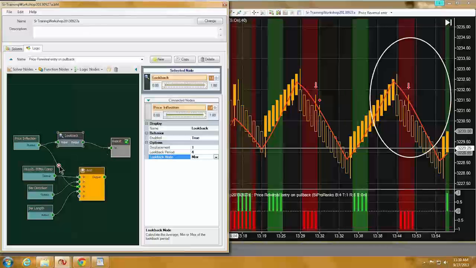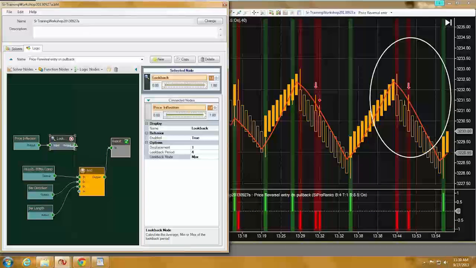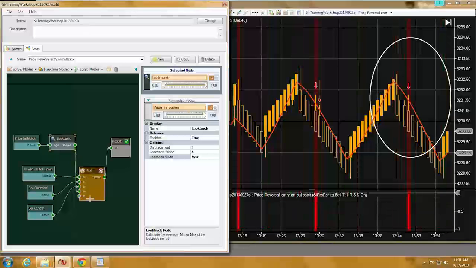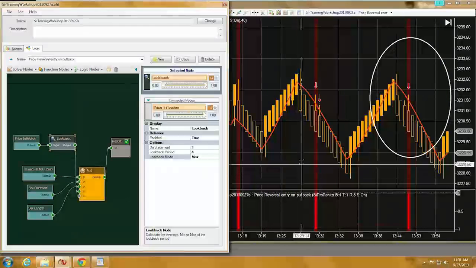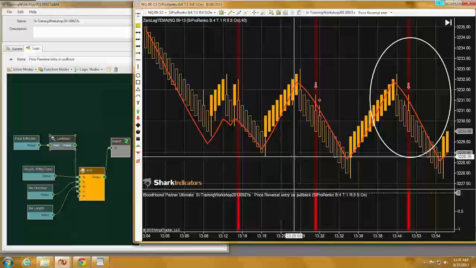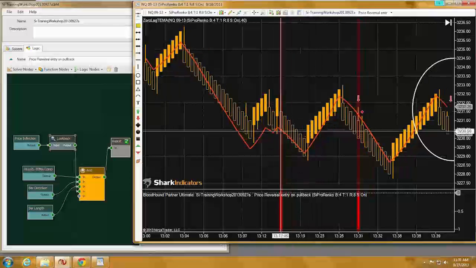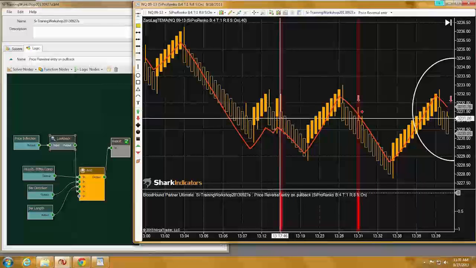Let's disconnect that, and we now want to use the signal coming out of the Lookback and plug that into the AND node. Let's see. It didn't quite solve everything, because look at this quick little switchback.